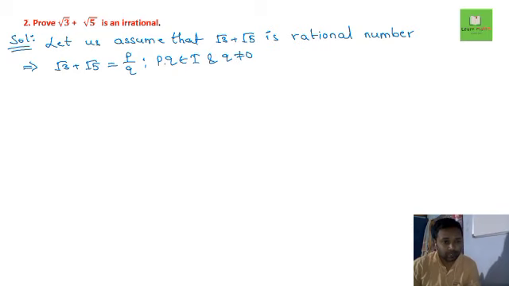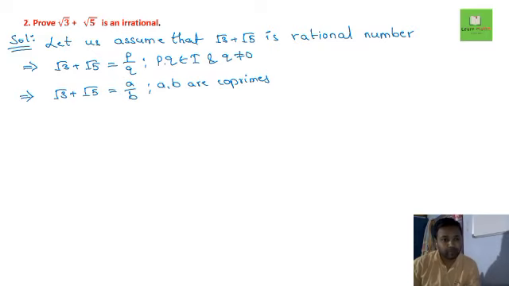Suppose p and q have common factors, then we simplify it to its lowest form a by b, where a, b are co-primes.